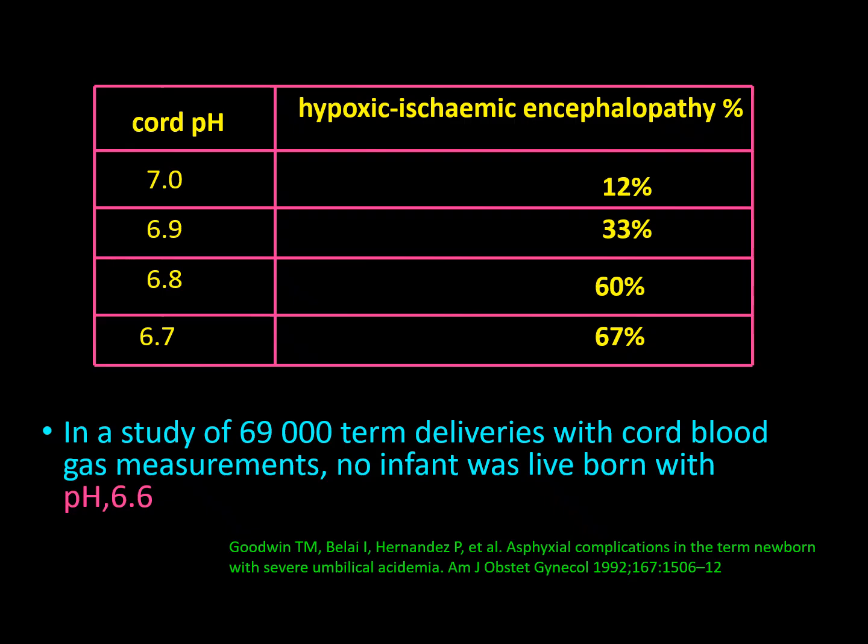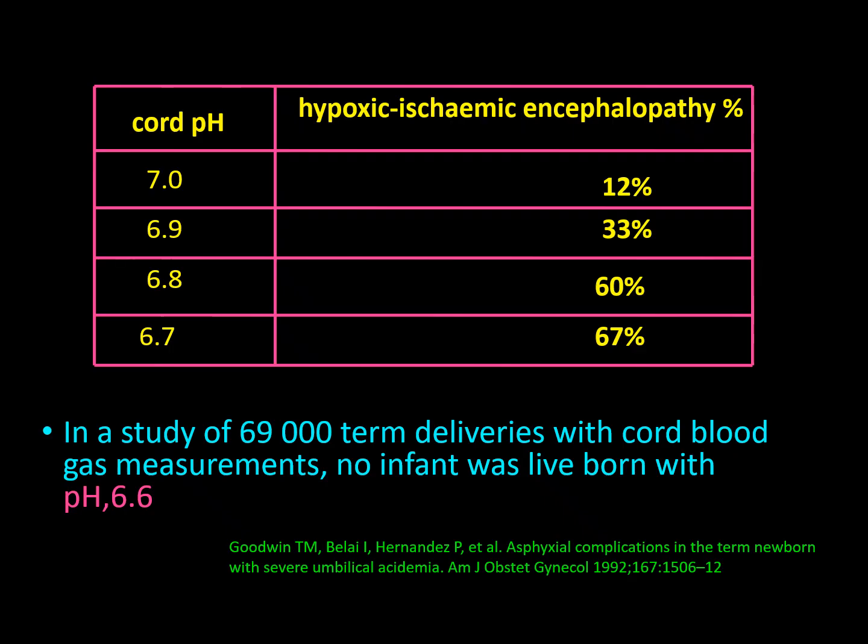Goodman et al. reported in his study of 69,000 term deliveries with cord blood gas measurement that no infant was born alive with a pH of 6.6. So he compared the cord pH to hypoxic ischemic encephalopathy. When the cord pH is 7, HIE is 12%. When the cord pH is 6.9, HIE is 33%.